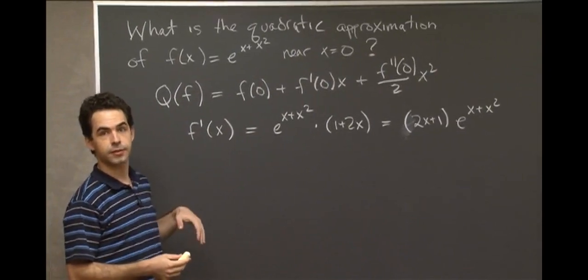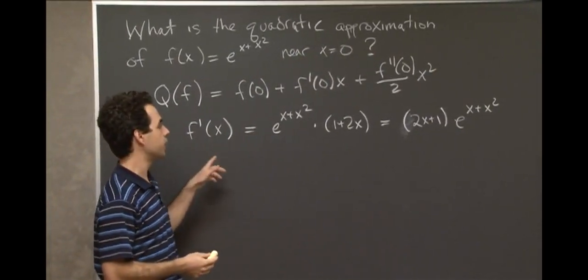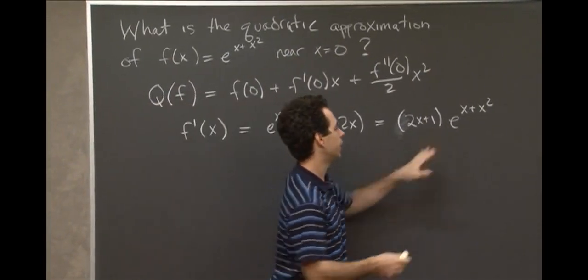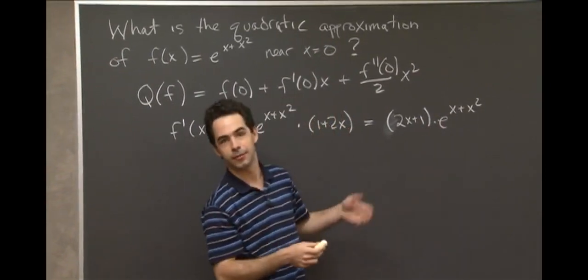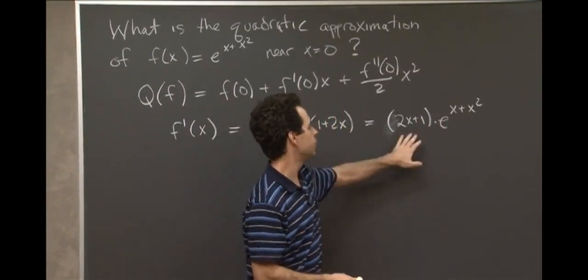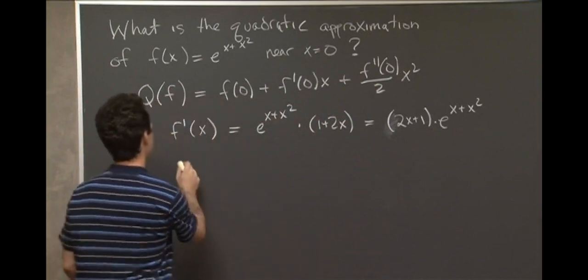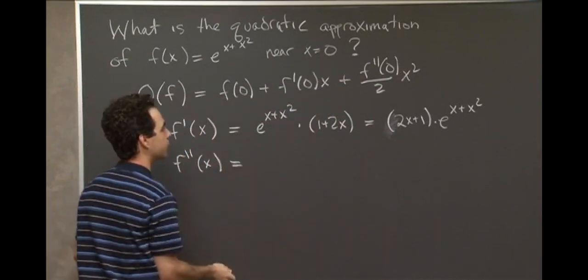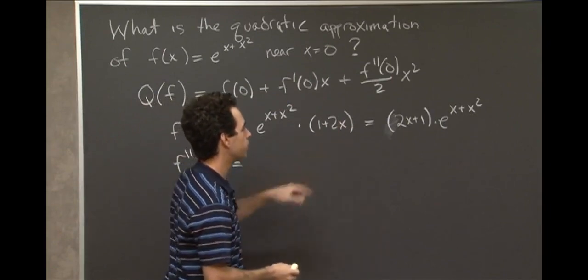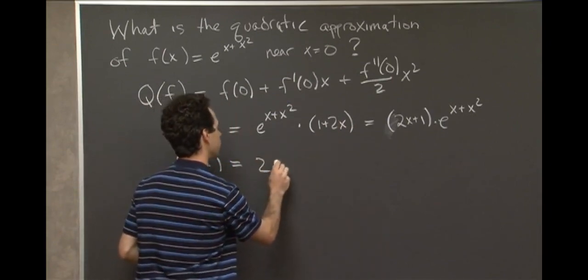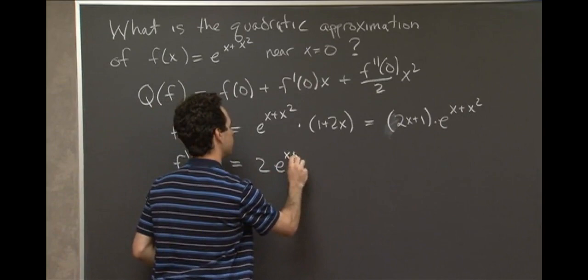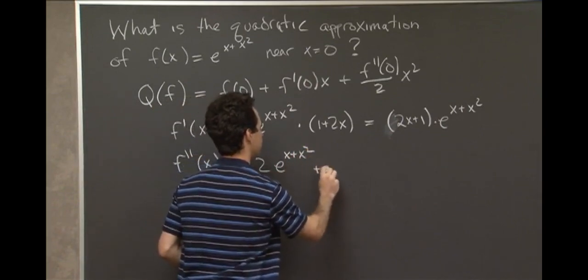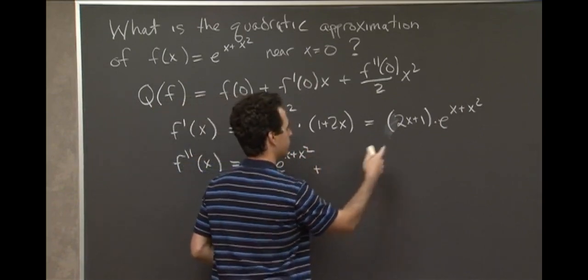And for the second derivative, I can apply just the product rule here. The second derivative is the derivative of the first derivative, and here I have a product. So f double prime of x is equal to the derivative of the first one, which is just 2, times the second, plus the derivative of the second one.